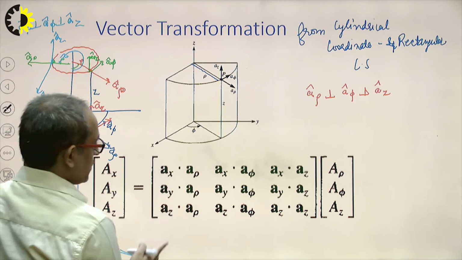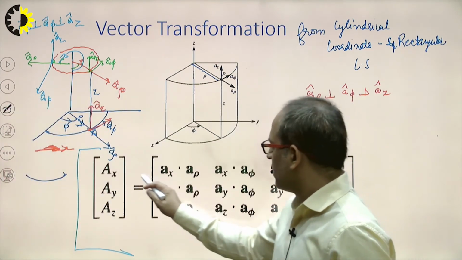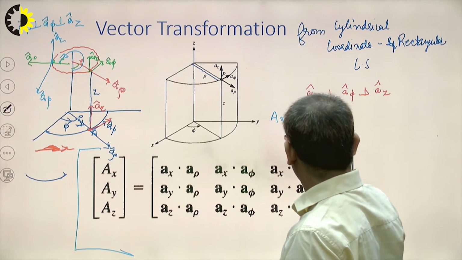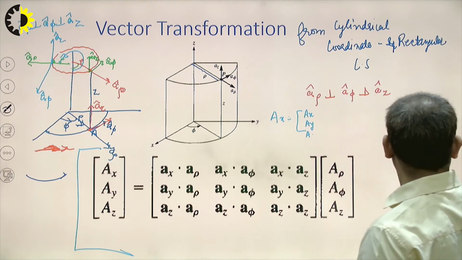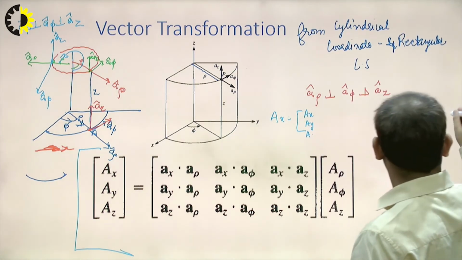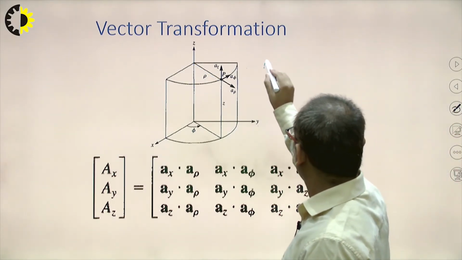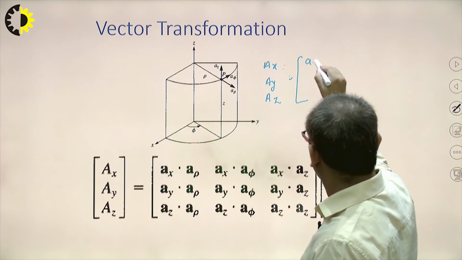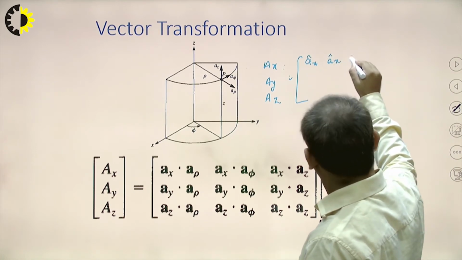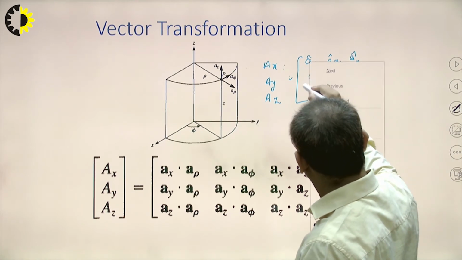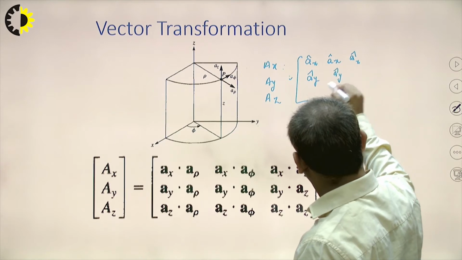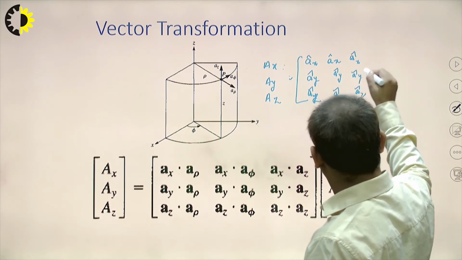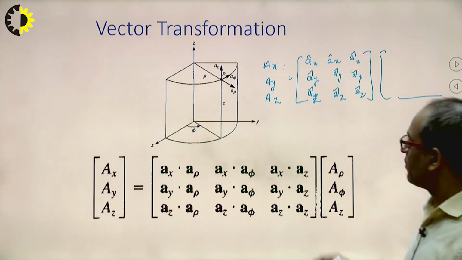Just multiply these two vectors, the unit vectors of a rho, a phi, az.